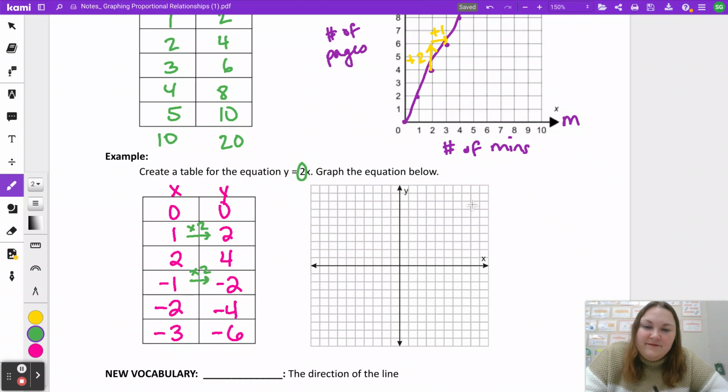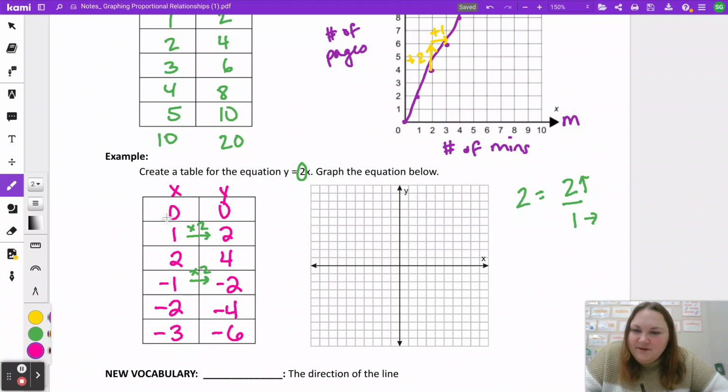Just like above, if you think of the 2 like a ratio, 2 is the same as 2 over 1. You know that because 2 divided by 1 is 2. To make something look like a fraction, you're always putting it over 1. This is telling me then that my line should be going up 2 boxes and over 1. I want to go up 2 and over 1.